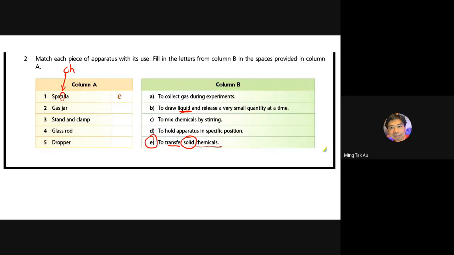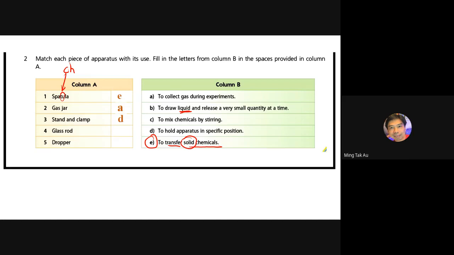Next one, class number 12, Sarah, what is the use of a gas jar? Good morning, Mr. Ao. Good morning. A. A, right. And question 3, stand and clamp. What is your answer? Class number 16, Brian. D. Right. To hold apparatus in a specific position.